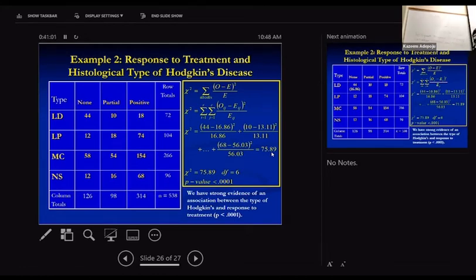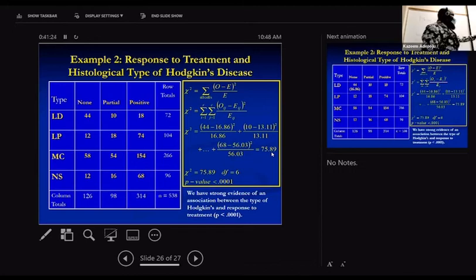Of course, you know the code now. If you want to write the code for the p-value, the code for the p-value is going to be pchisq, with lower.tail equal to FALSE, 75.89. Then the degree of freedom.